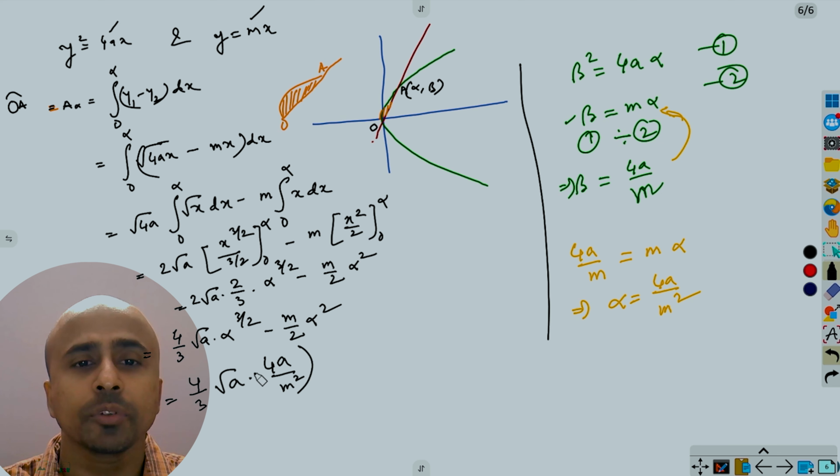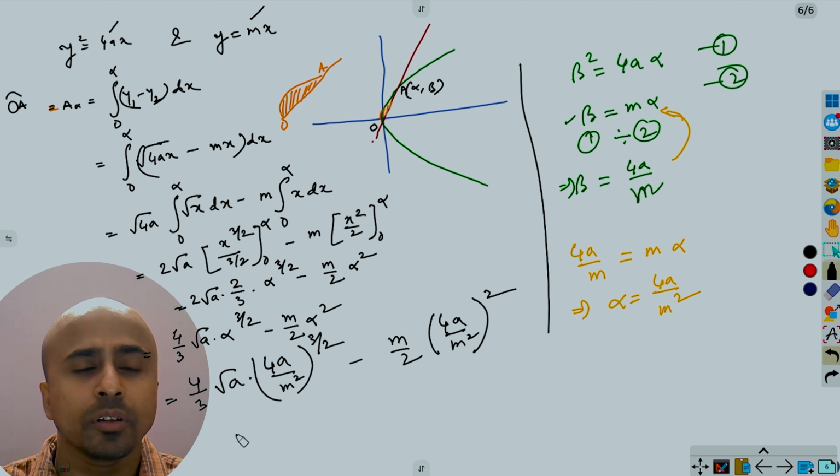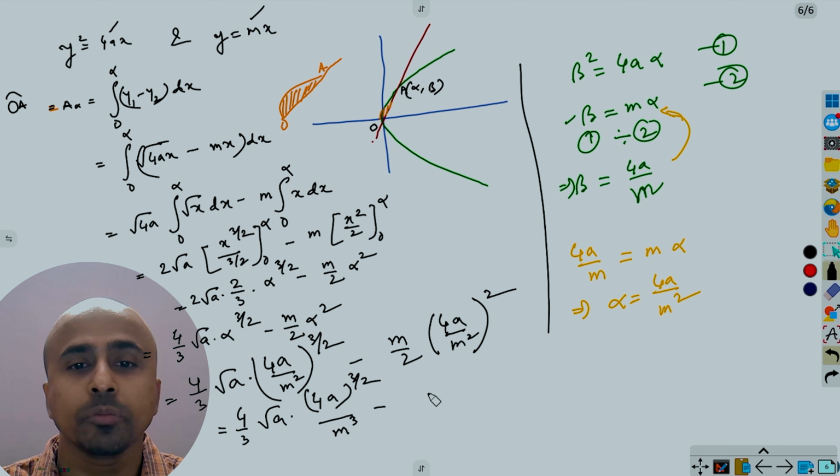4a by m square to the power 3 by 2, minus m by 2 times 4a by m square, whole square. Now if we simplify this, 4 by 3 times 4a to the 3 by 2 over m cube, because the 2 and 2 will be cancelled out, minus m by 2 times 16 a square by m to the 4.